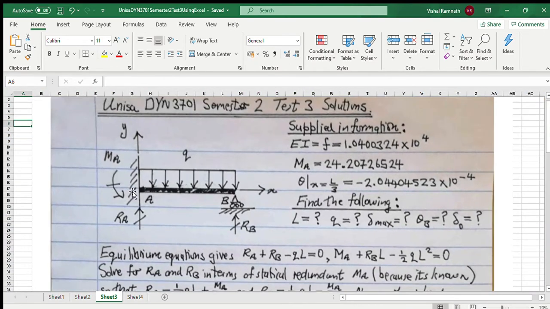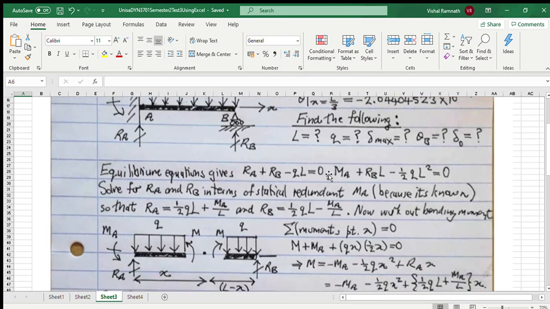So this was the system. We had a beam fixed to a wall supported by a roller, and there was a flexural rigidity. There was a reaction moment, so the EI for the beam was given, the reaction moment was given, the angle at 1/3 along the length was given, and then we needed to find everything else.